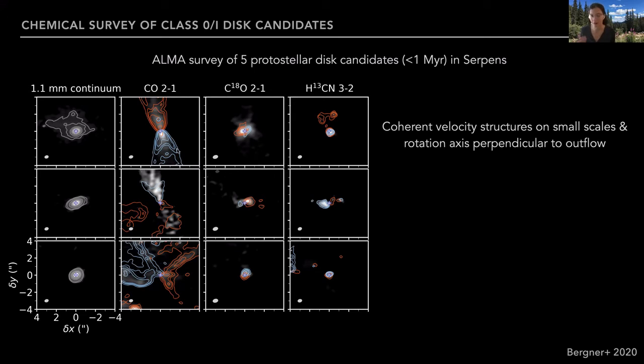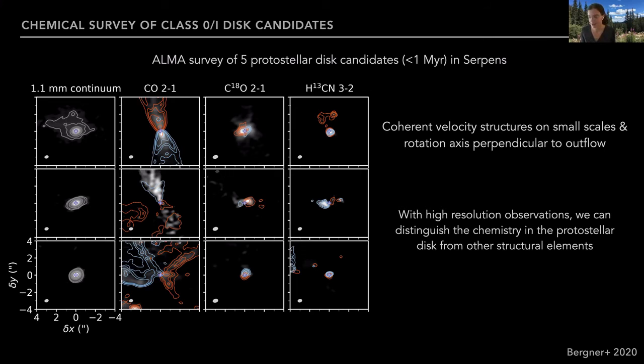So this is exactly what we would be looking for when looking for emission from an embedded disk. And so with these high resolution observations coming from ALMA, we can now really start to distinguish the chemistry in the protostellar disk from other structural elements in the protostar and really say something about the composition of these young disks.